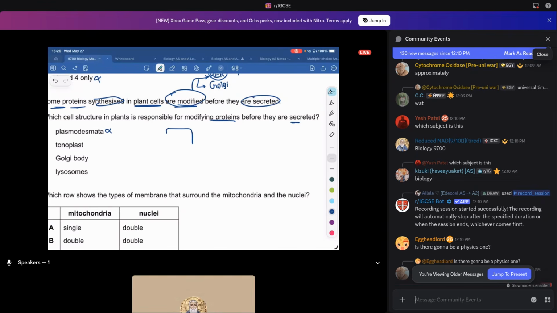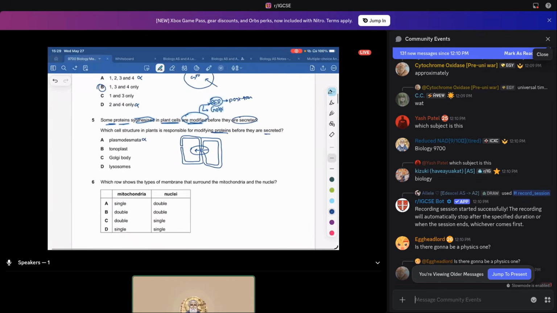Plasmodesmata is simply a thin strand of cytoplasm between two cells. So this is a plasmodesmata, and it allows simple diffusion to another cell.